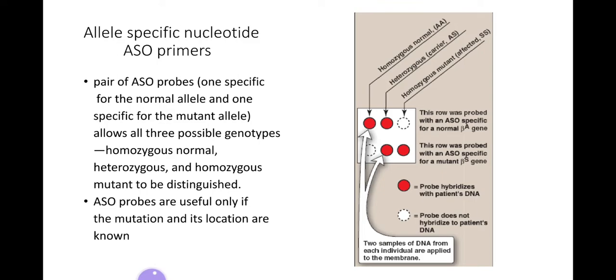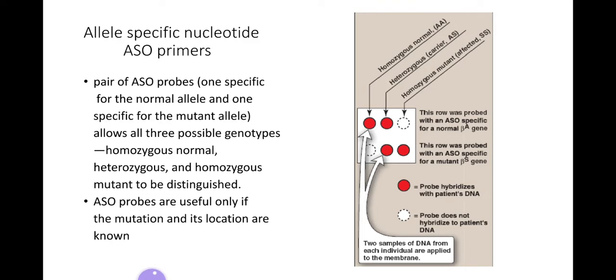If we use a pair of allele specific probes, one specific for the normal allele and one specific for the mutant allele, it allows all three possible genotypes, homozygous normal, heterozygous, and homozygous mutant, to be distinguished. ASO probes are useful only if the mutation and its location are known.